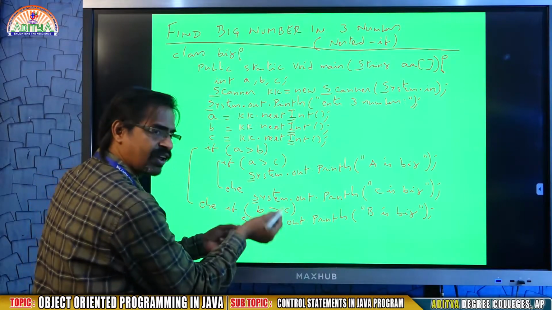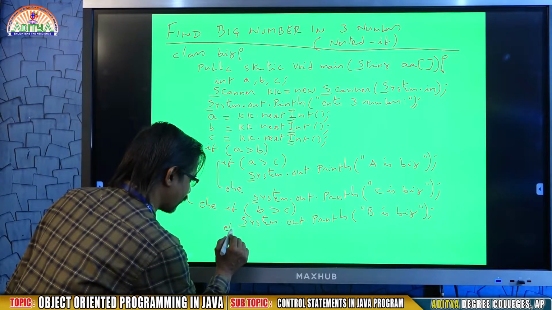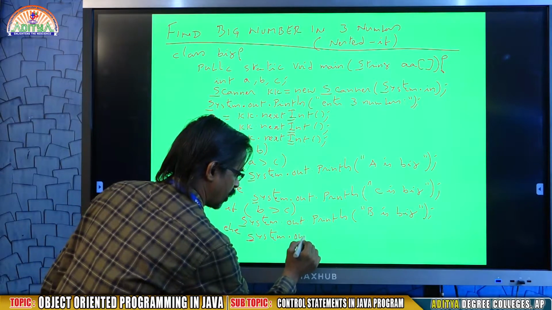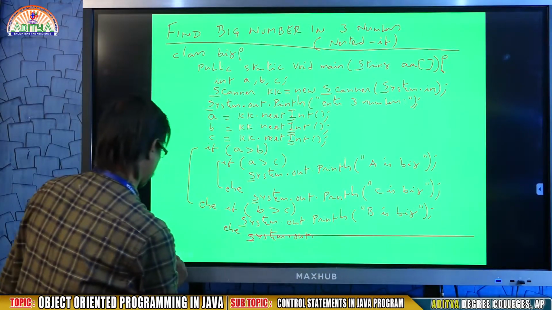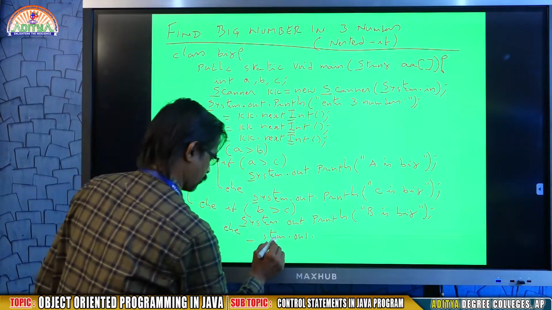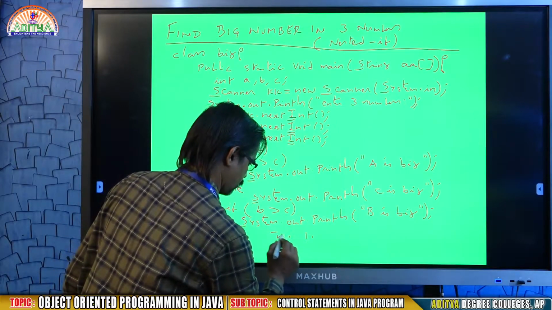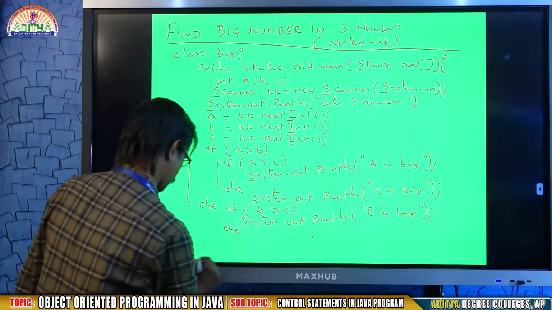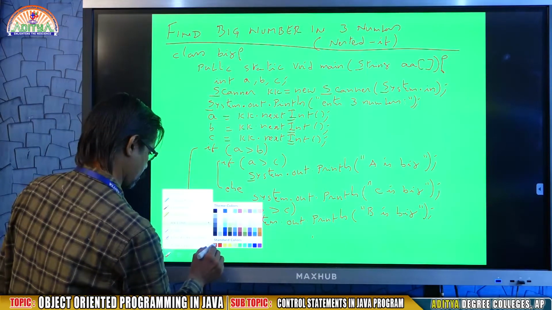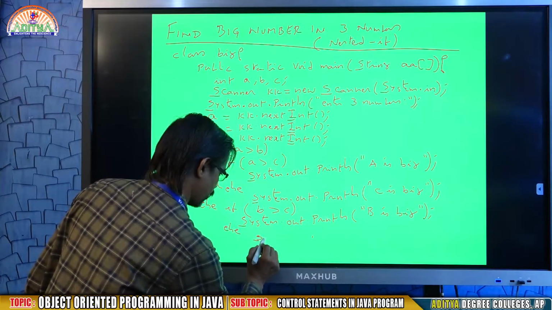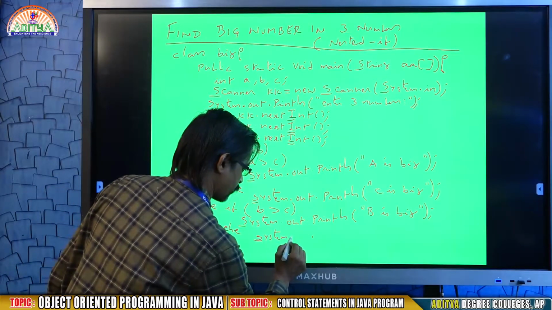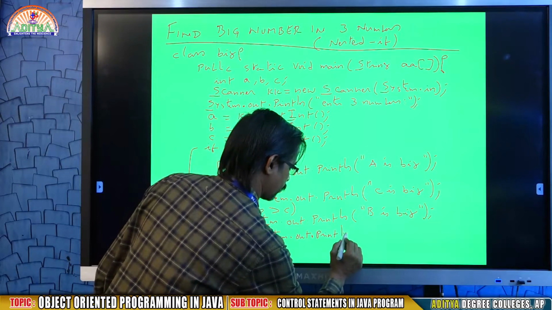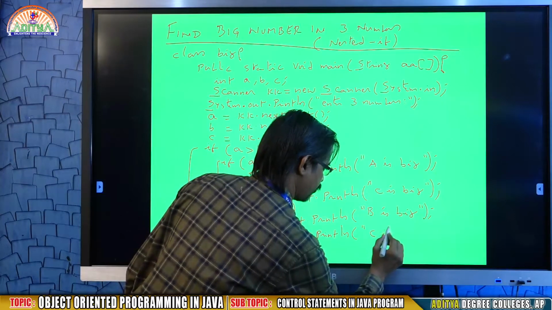In case B greater than C is wrong, for this if I am writing else System.out.println("C is big").